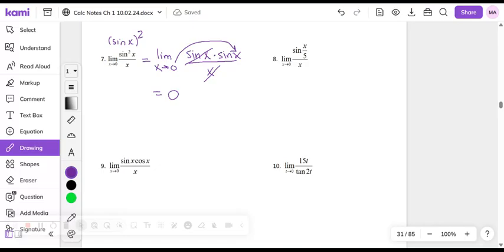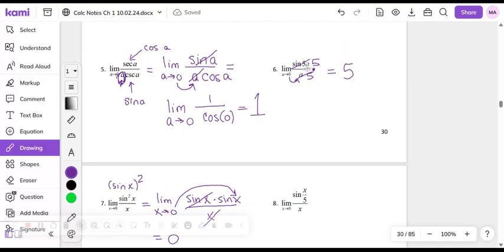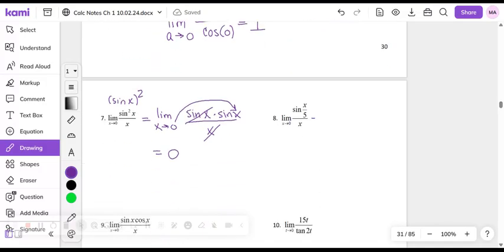Okay. Ooh, how about that next one? We have the sine of x over 5 over x, and we're taking the limit as x approaches 0. Well, if you think back to the previous problems, we had a coefficient here, right? Like a 5 in front of the a. So what you might want to think of this one, I'm going to do a little rewrite. The limit as x approaches 0 of the sine of 1/5 times a.